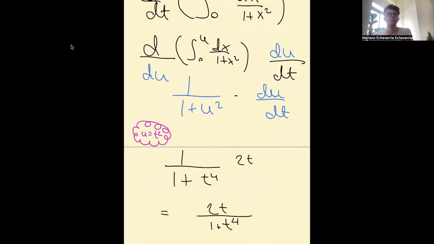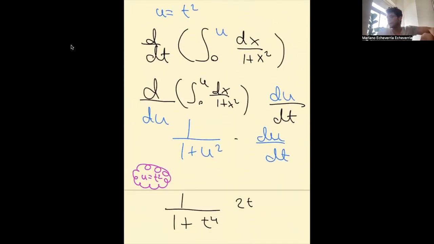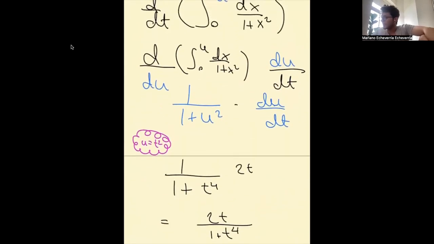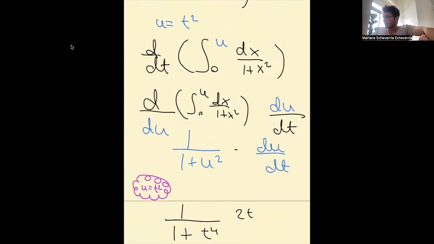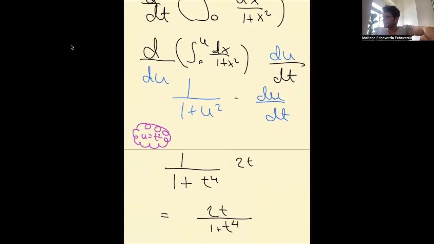So again, in these problems where you have to take the derivative with respect to t, if the upper bound is not just t, you have to make a change of variables first to put it in the right format. Here I was applying the chain rule, so I have to multiply by du dt.